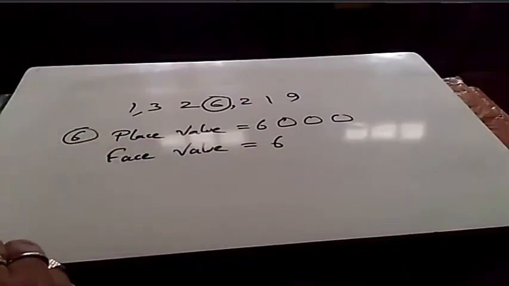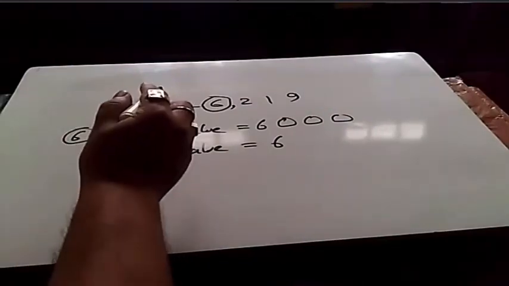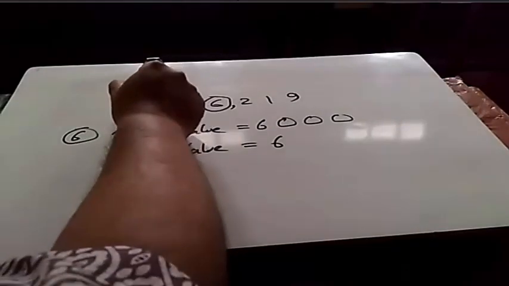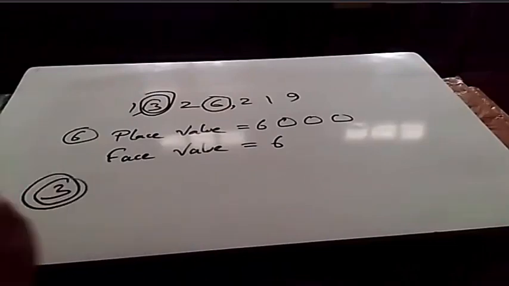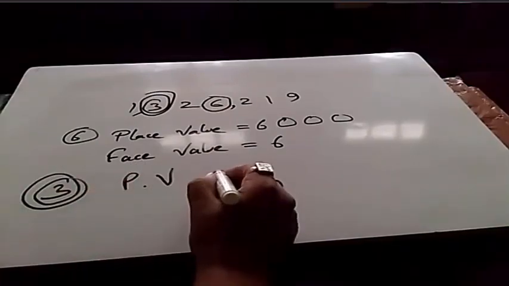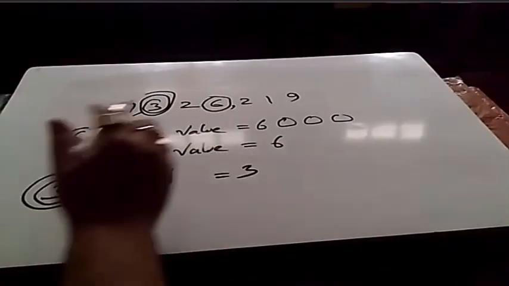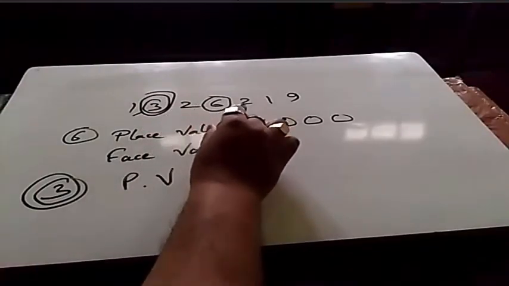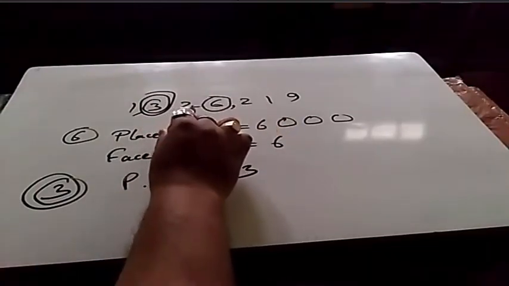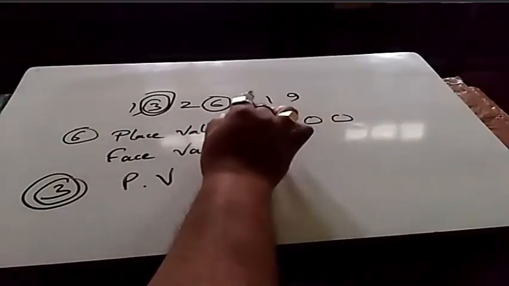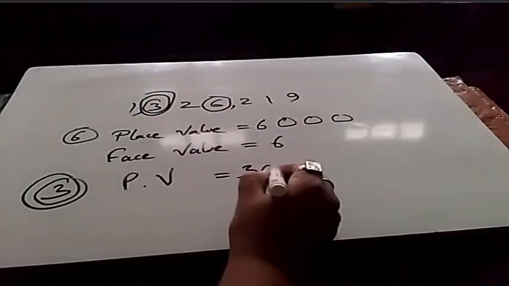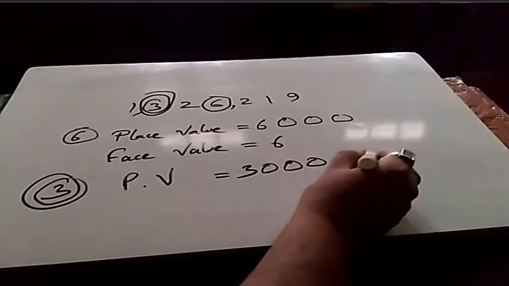Now this is for 6. Now let us consider the number 3 here. For 3, the place value will be the number followed by as many zeros as there are digits after the number. That means 1, 2, 3, 4, 5. There will be 5 zeros.